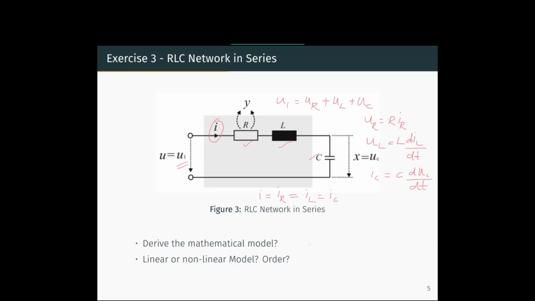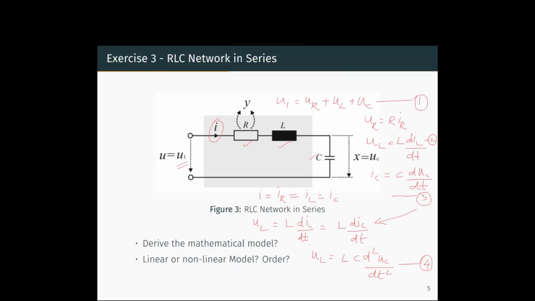Now substitute this in equation number 2. So here UL equal to L dIL by dt. So instead of IL, I am writing IC, L dIC by dt. Now substitute equation number 3 in this equation. So UL will become LC d square UC by dt square.